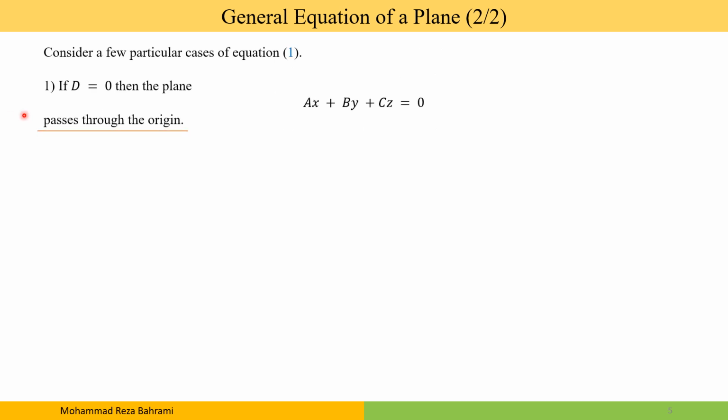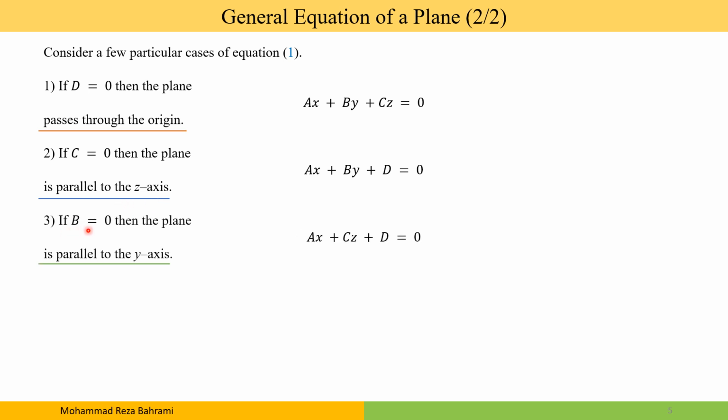Let's consider a few particular cases of the general equation of a plane. If d equals 0, then the equation will be ax plus by plus cz equals 0. This plane passes through the origin. If c is 0, then we have this equation, which means that the plane is parallel to the z-axis.